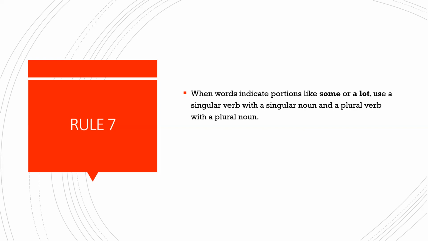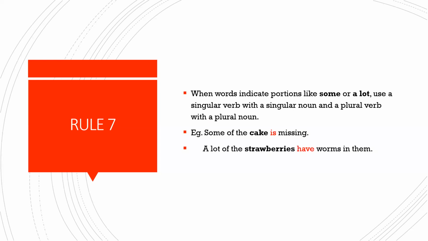When words indicate portions like some or a lot, use a singular verb with a singular noun and a plural verb with a plural noun. Got it? Like this. Some of the cake is missing.